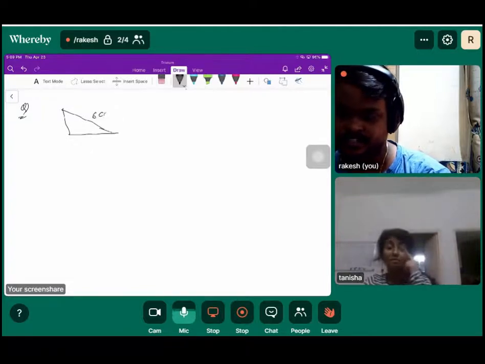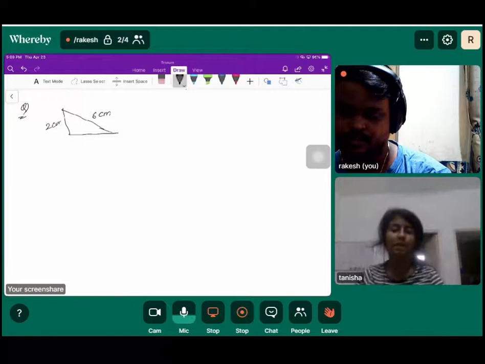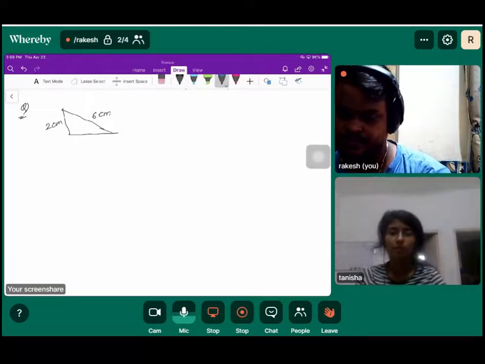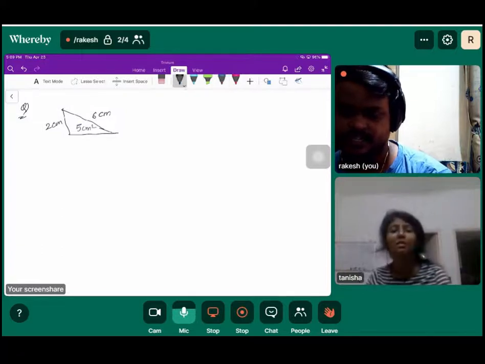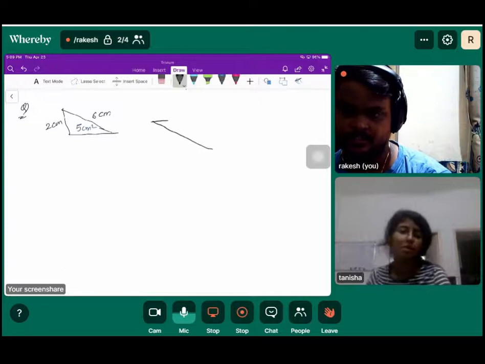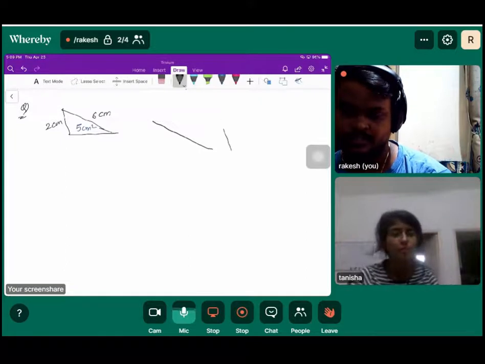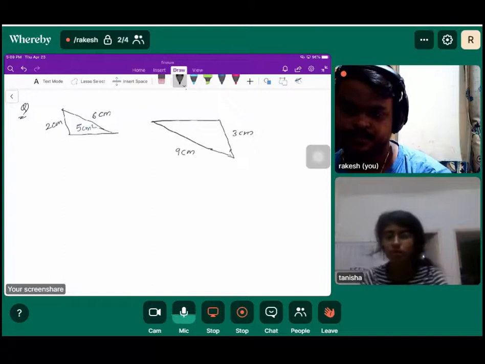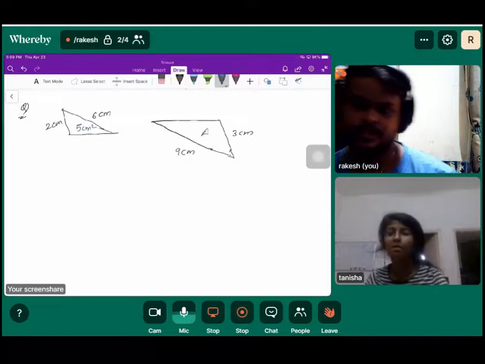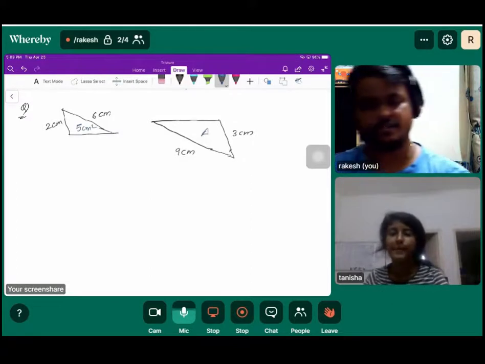Their dimensions are also given, 6 centimeter, 2 centimeter, and the area is also given, which is 5 centimeter square. And we are given another triangle, with dimensions 3 centimeter, 9 centimeter, and we have to figure out A. Try solving this.